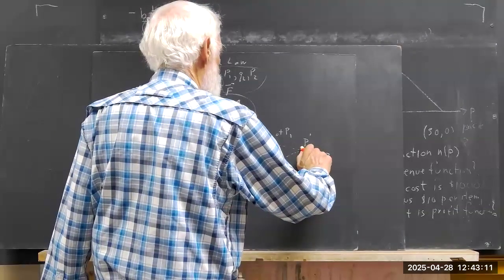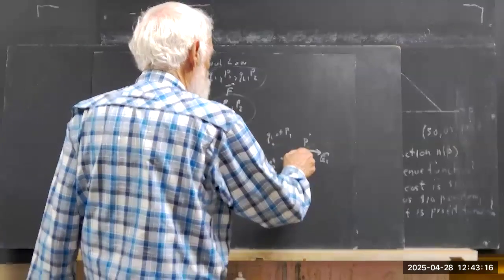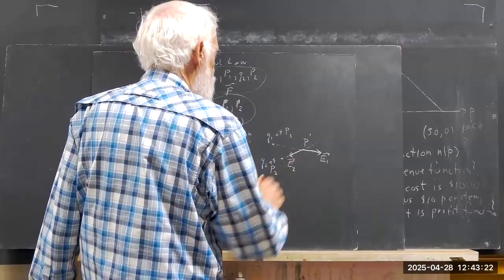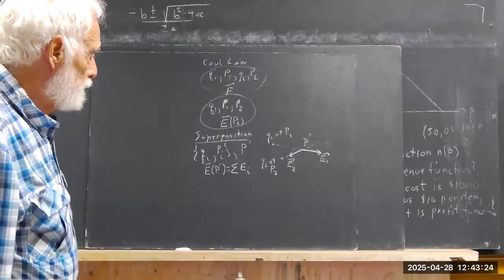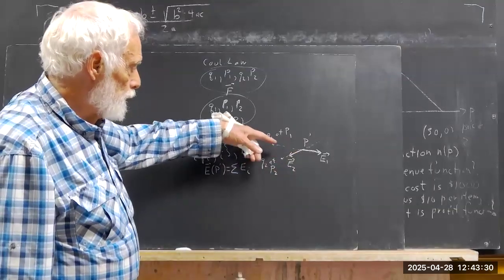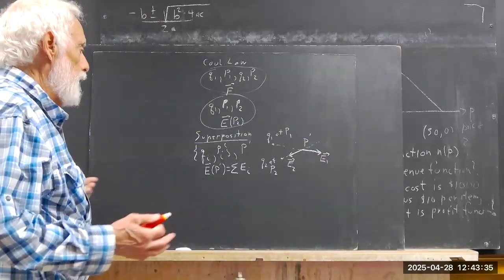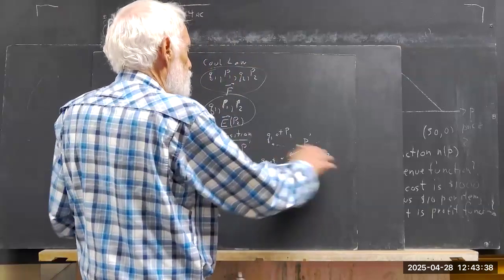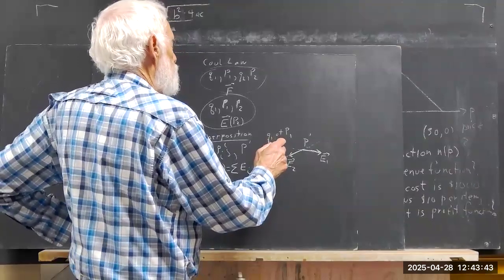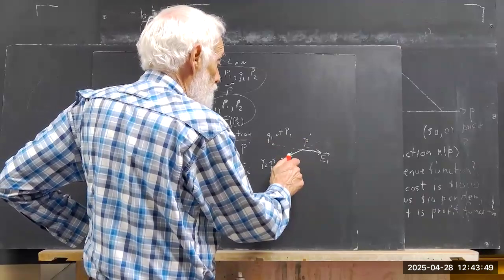And along this line, we get an electric field. If this charge is negative, this field would be toward the charge. If this charge is positive, then the field would be there. So the fields could be in any direction, as long as it's along the line. Each field is going to be along the line that goes through the position of the charge and the point at which it acts.